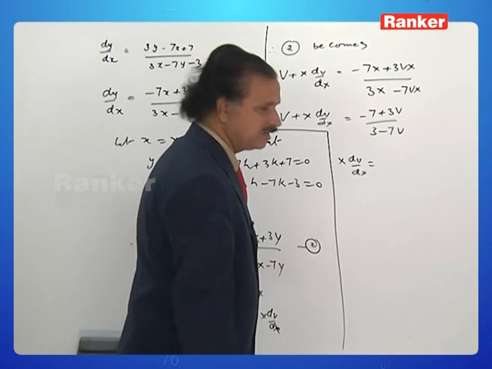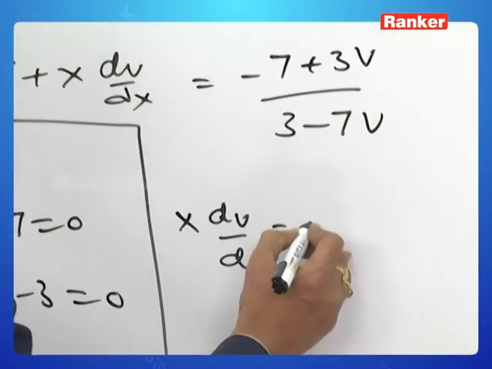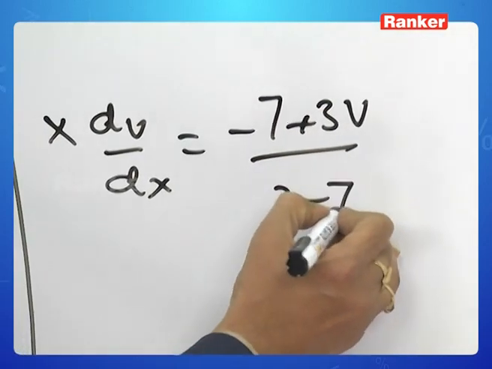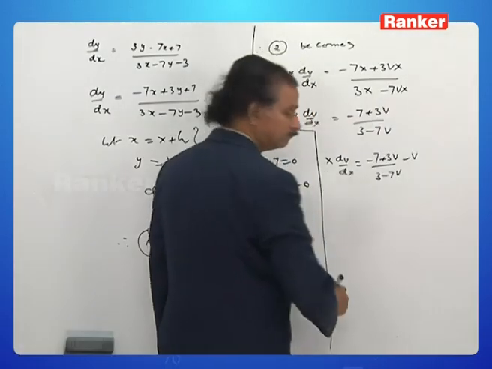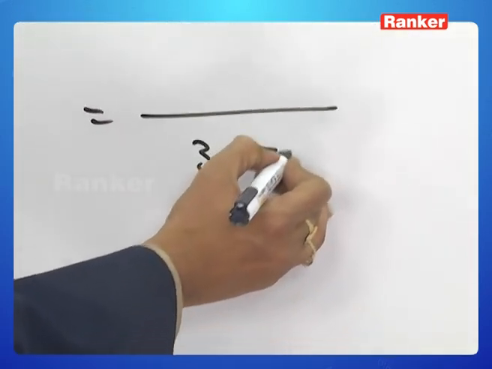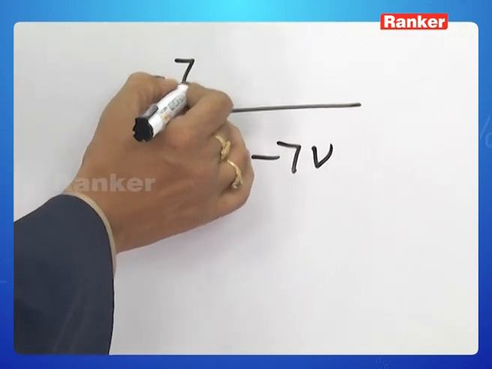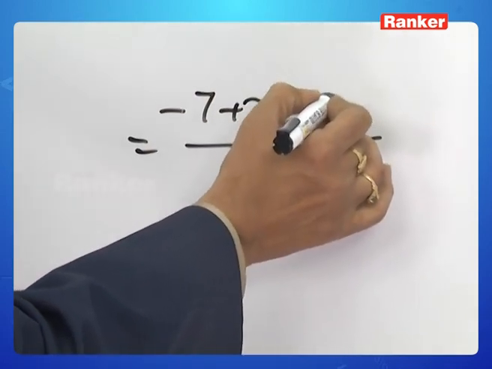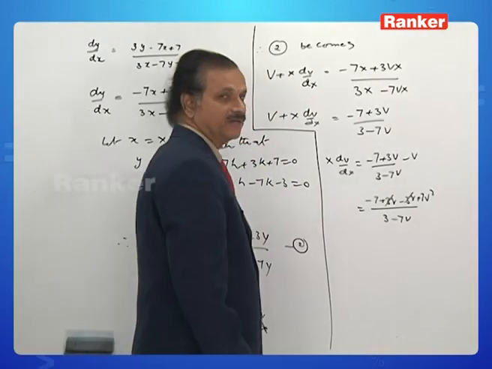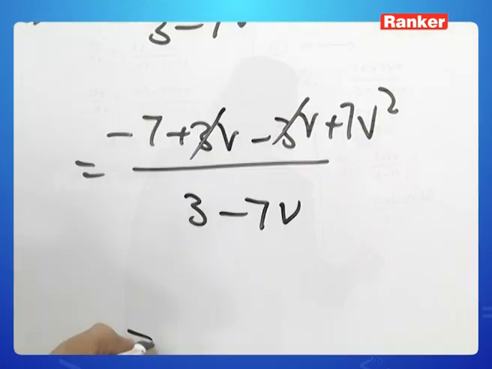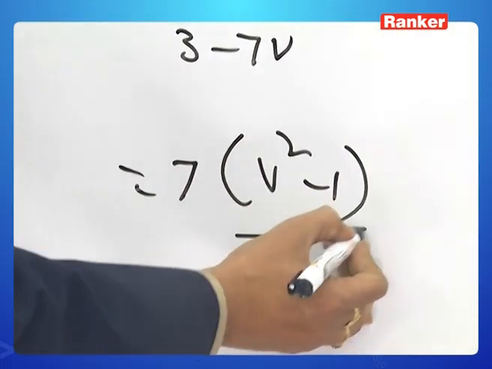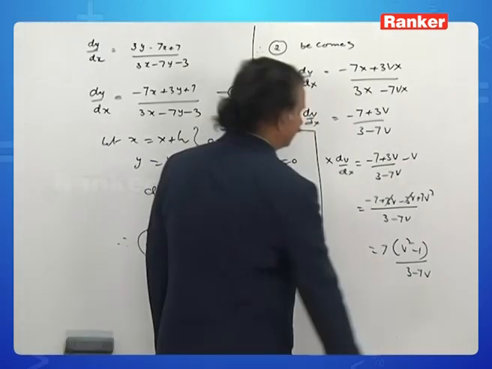At that instant, we are supposed to substitute. Okay, let us proceed. x dv by dx is equal to minus 7 plus 3v by 3 minus 7v, minus v, which is minus 7 plus 3v minus 3v plus 7v square. 3v and 3v go away, leaving 7 into v square minus 1 by 3 minus 7v.